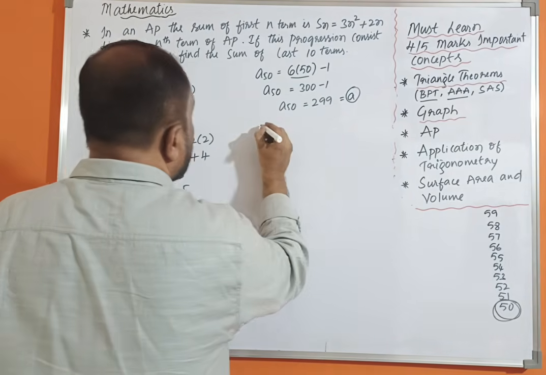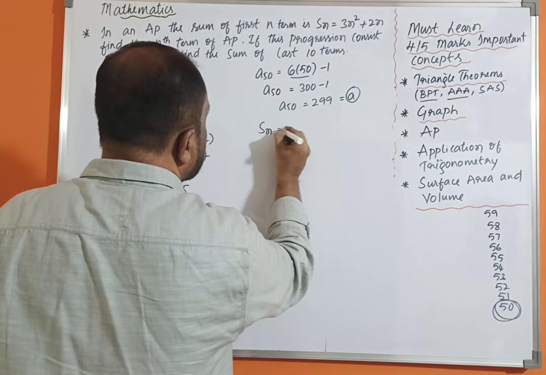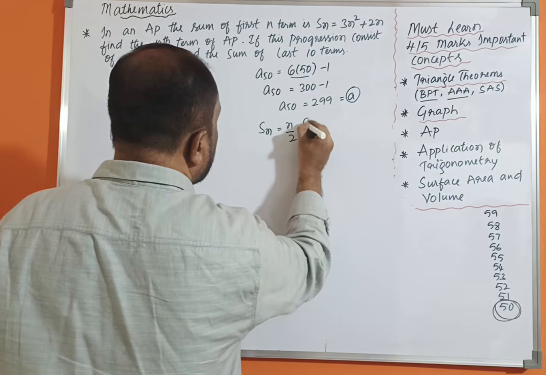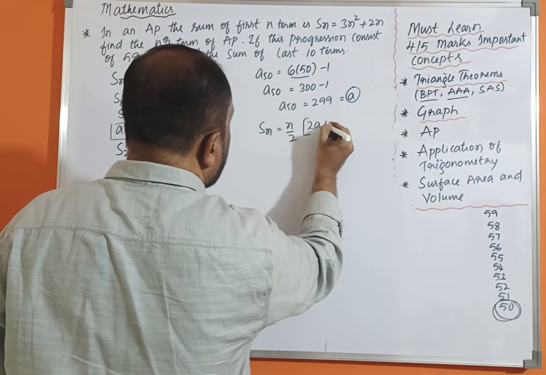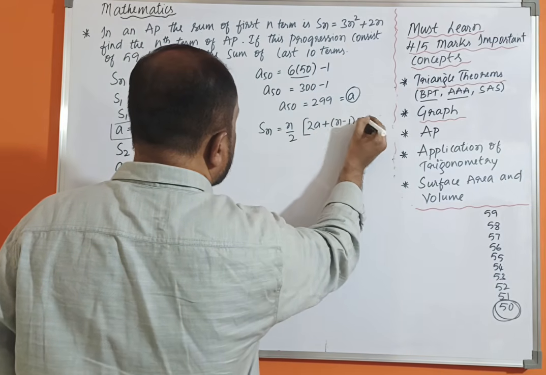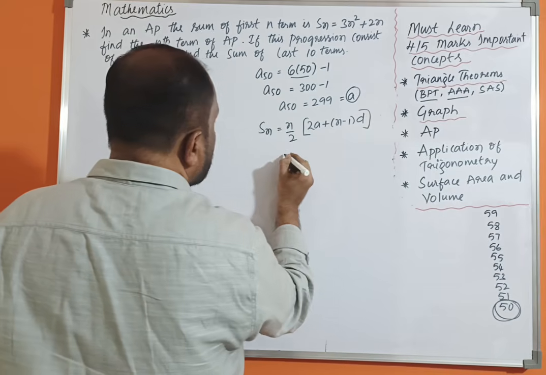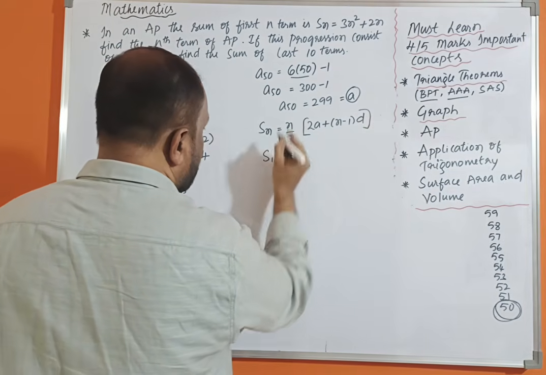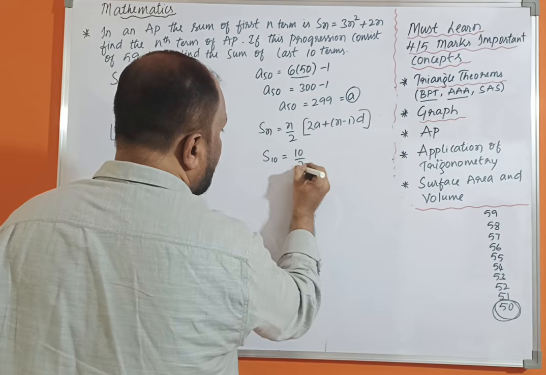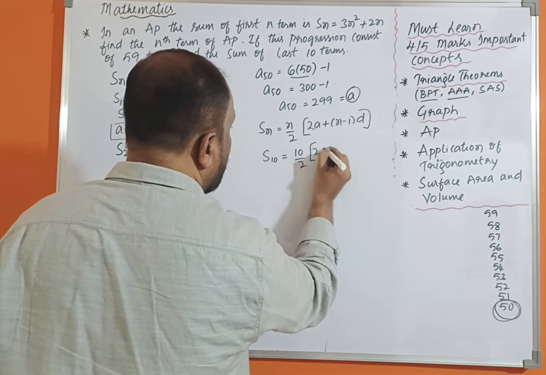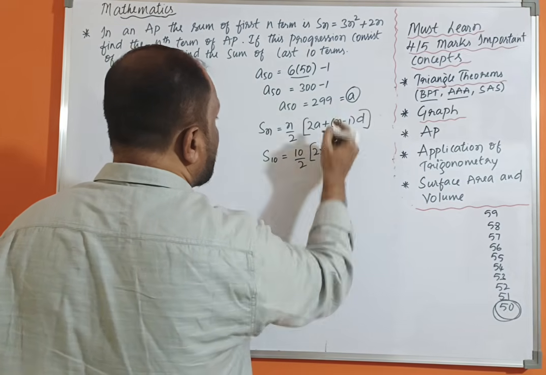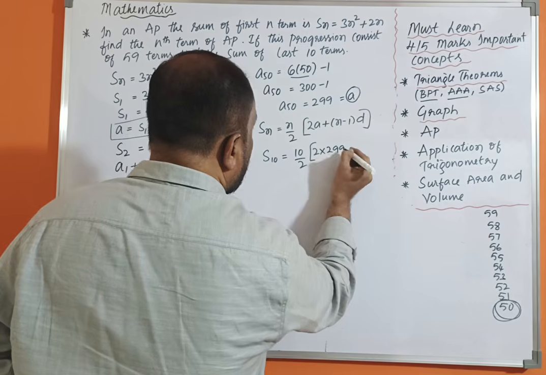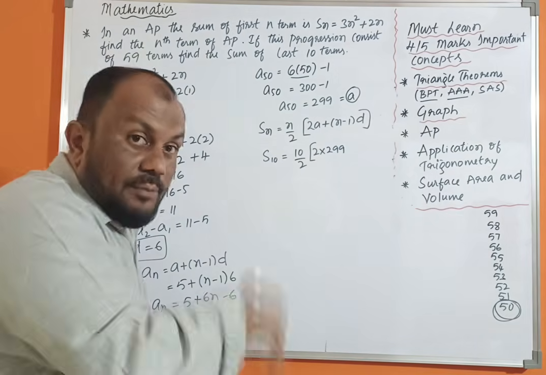Now the formula: Sn is equal to n by 2 in bracket 2a plus n minus 1 into d. So we are trying to find out the sum of last 10 terms. 10 by 2 in bracket 2 into a, A is this one, 299, because we are not starting from the beginning.